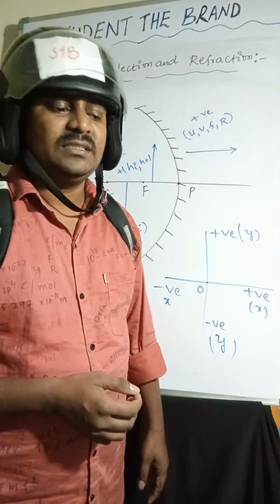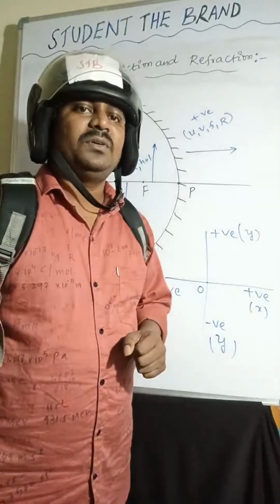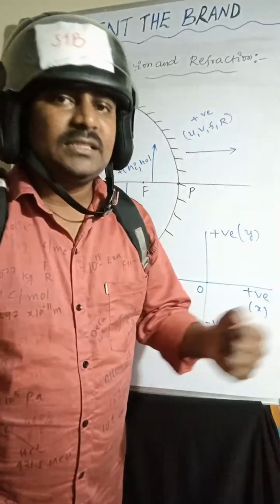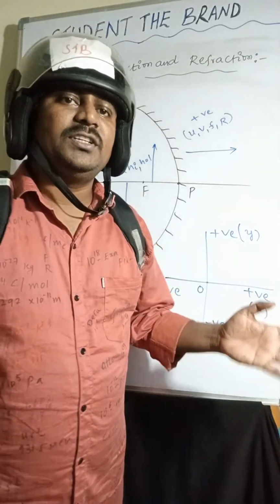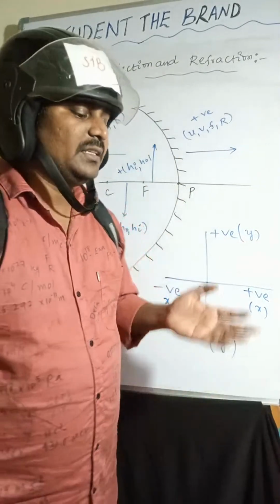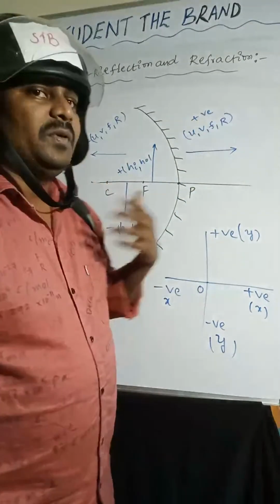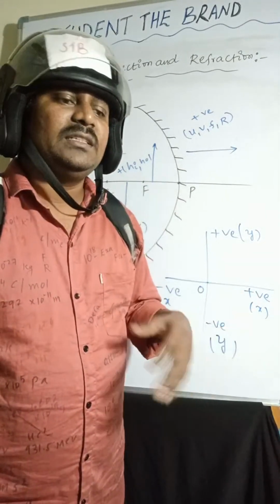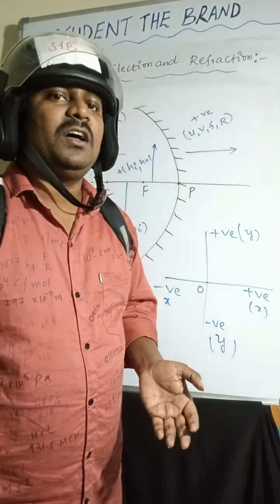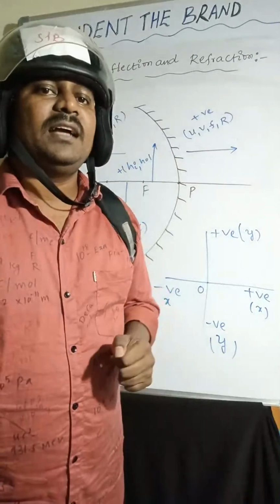All distances are measured from the pole. Distances are positive along the incident rays. Distances are negative opposite to incident rays. Distances are positive above the principal axis.